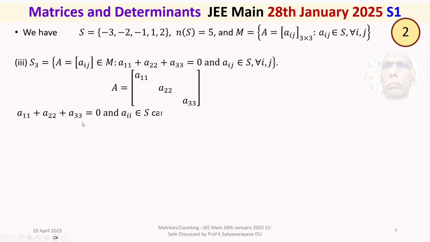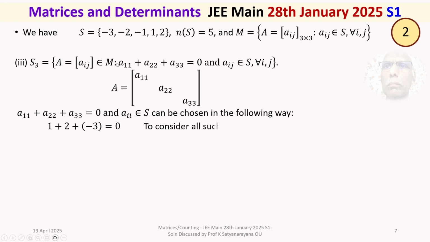A11 plus A22 plus A33 is equal to 0, and Aii belongs to S, can be chosen in the following ways. Let us say 1 plus 2 plus minus 3. The sum is 0. So they can be the entries on the main diagonal. Now, how many such permutations can you think of?